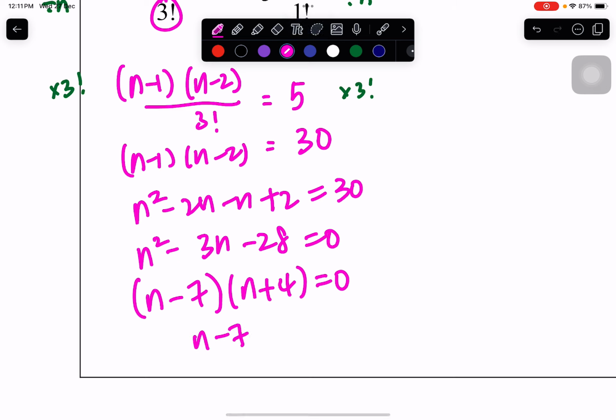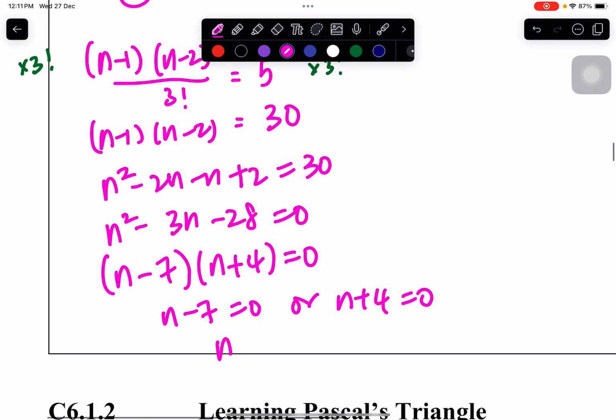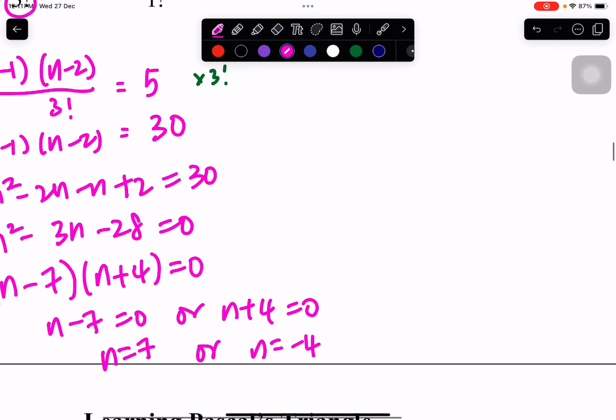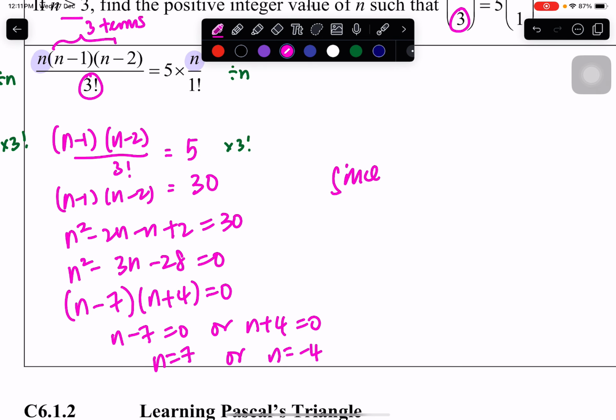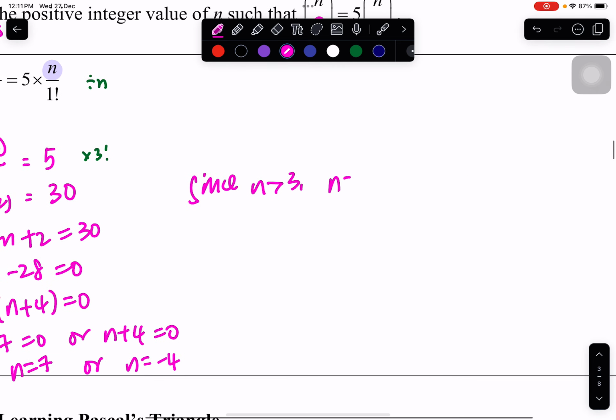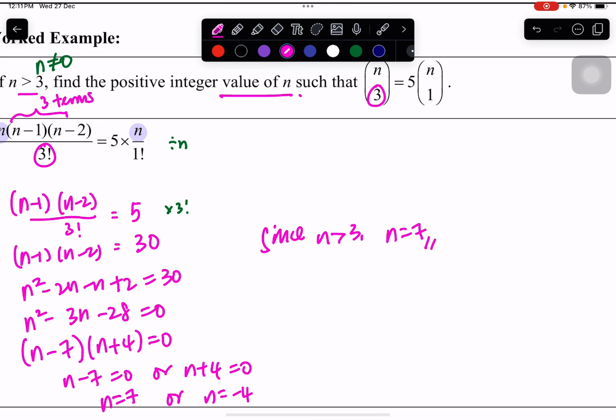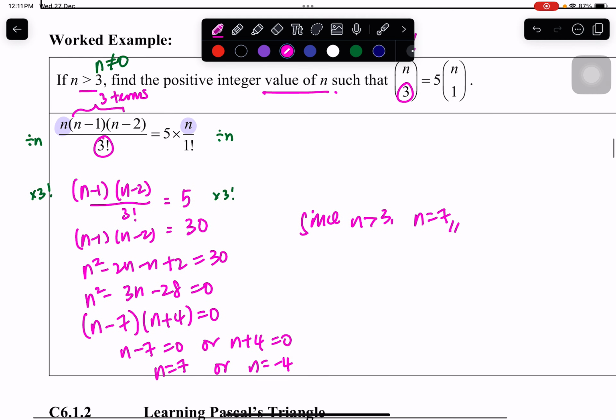So n minus 7 equals 0, or n plus 4 equals 0. This means that n equals 7 or n equals negative 4. Since n is greater than 3, we require n to be the number 7. So the positive integer n in this case is 7.